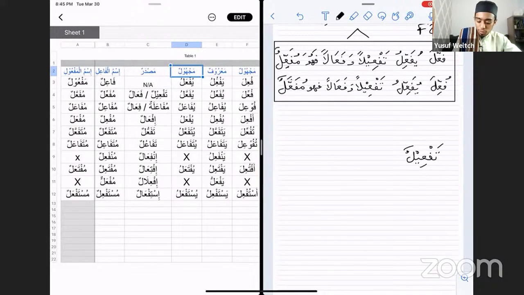Taf'ilun, when you put a double dhamma, you can see there's no alif there. But if it ends grammatically like that, you can't just say taf'ilan; you have to add an alif. Because if you stop, it's taf'ila, and if you continue, it's taf'ilan. That's just the way it's written. So that last alif has nothing to do with it. The pattern is taf'il.